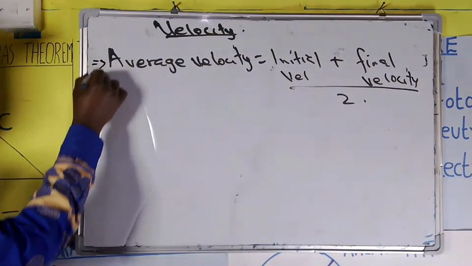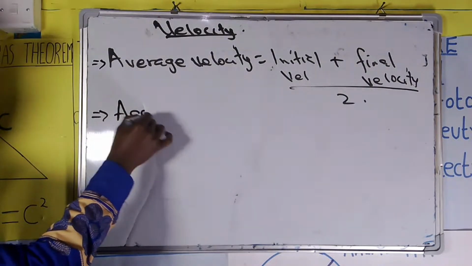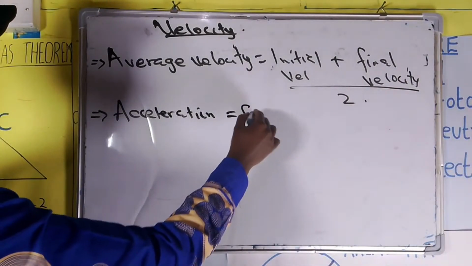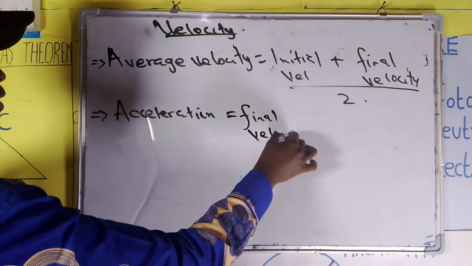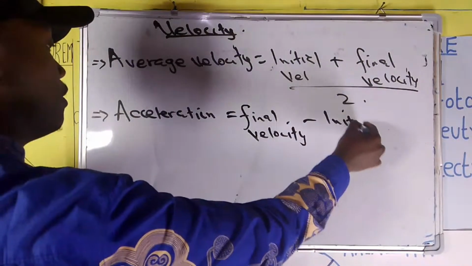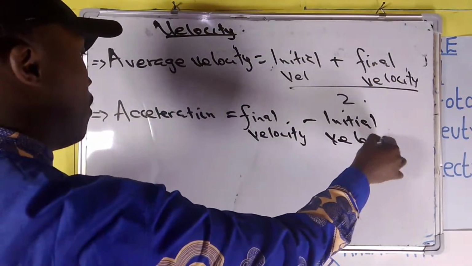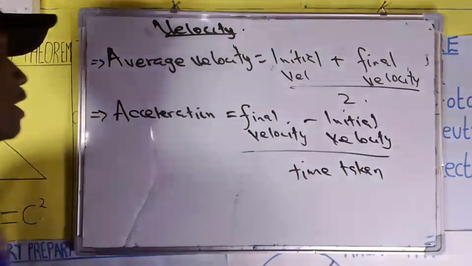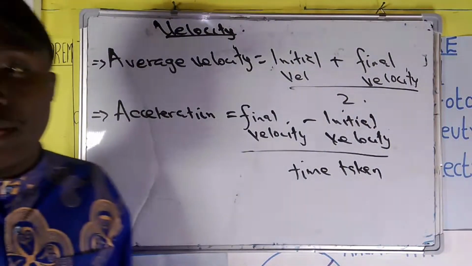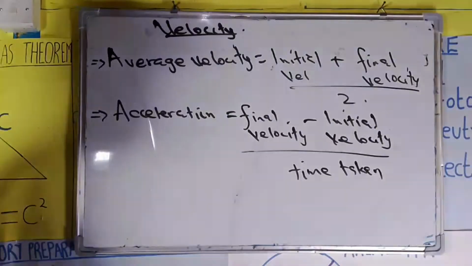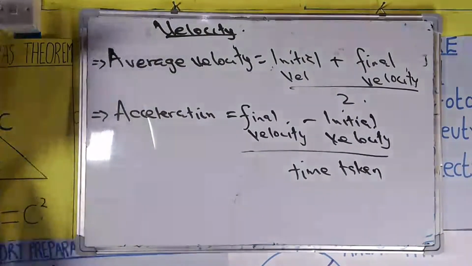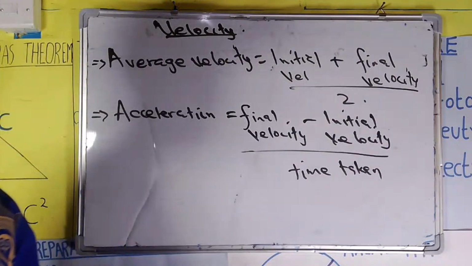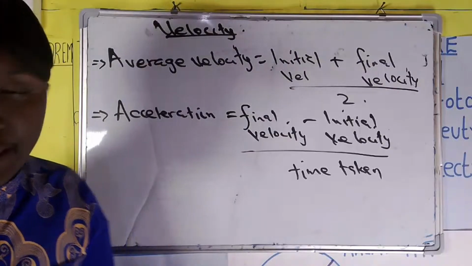Another formula that you really need to know is the formula on acceleration. How do we find acceleration? Acceleration is equal to final velocity minus initial velocity over time taken.